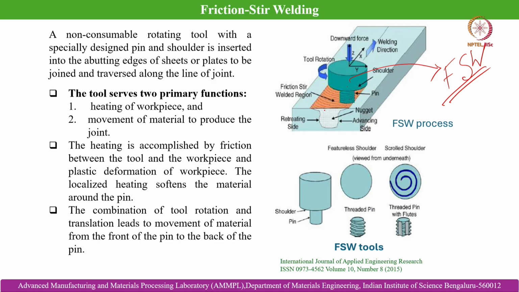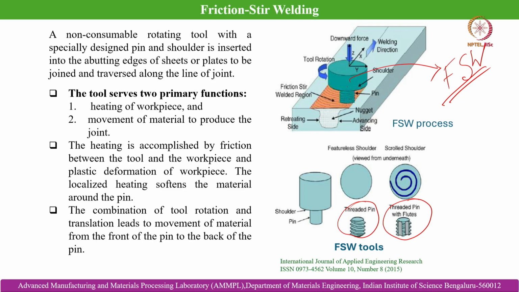So we can use a threaded pin, or a threaded pin with flutes. This depends on the degree of friction needed, the joint design, and the amount of metal that needs to be plasticized.